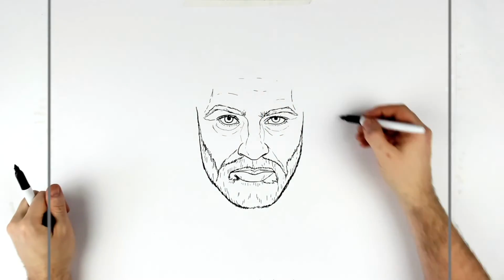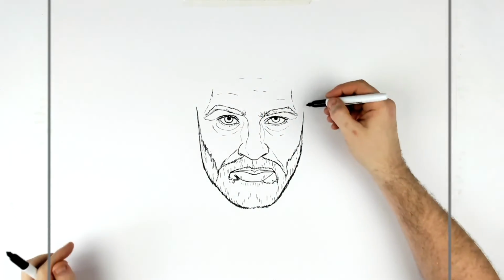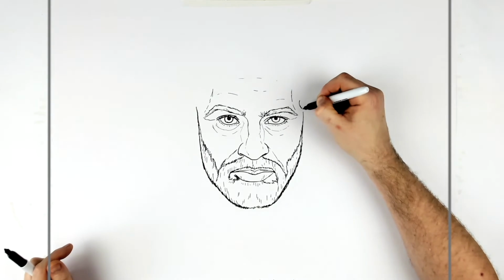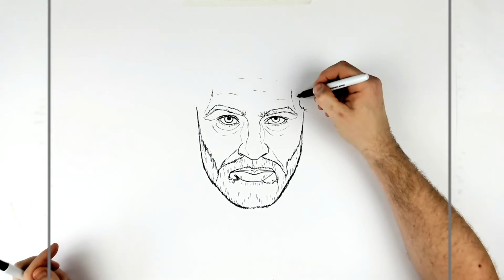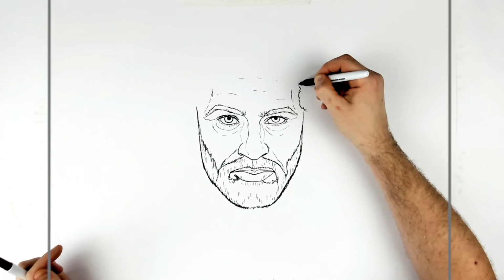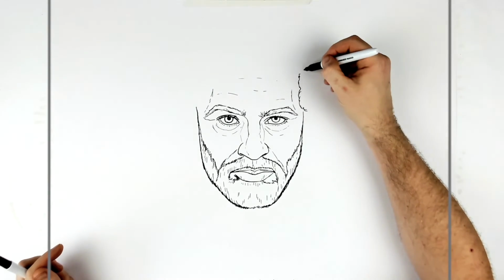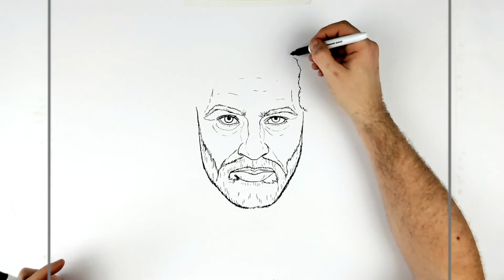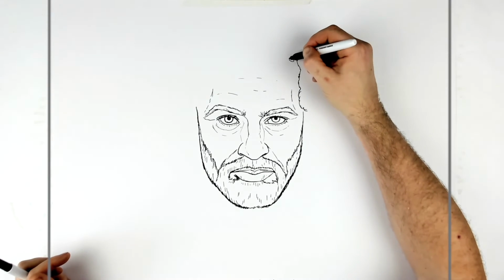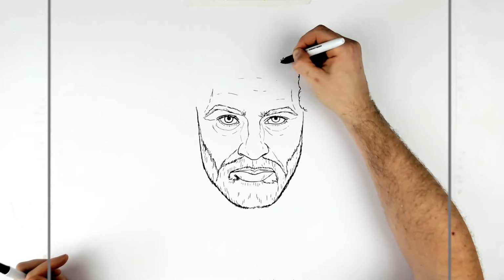Okay. And then, so he has very curly hair, right? So we're going to go real curly, bumpy around here. And then we'll go around, real curly around here as well.